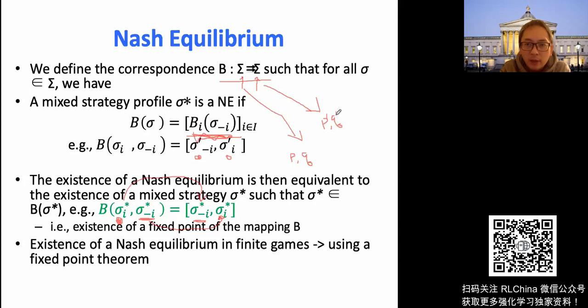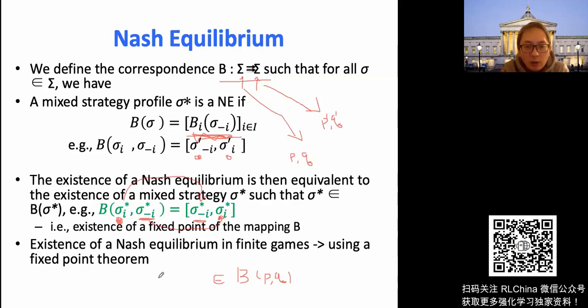Then this B function takes P and Q, does this mapping, and you can just forget about this sigma for now.